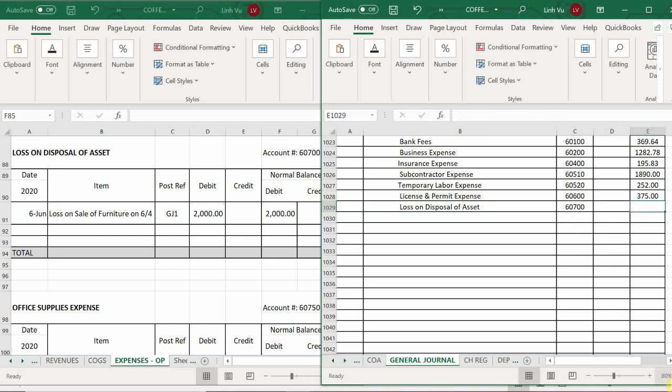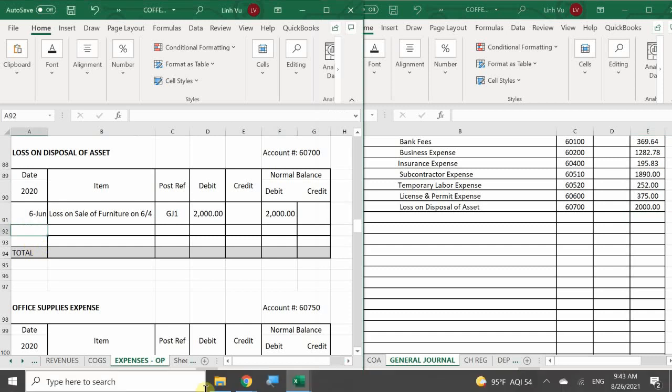And for the amount of $2,000. Okay. Close. General Journal 25 for the credit of 2,000, which should give you an account balance of 0.